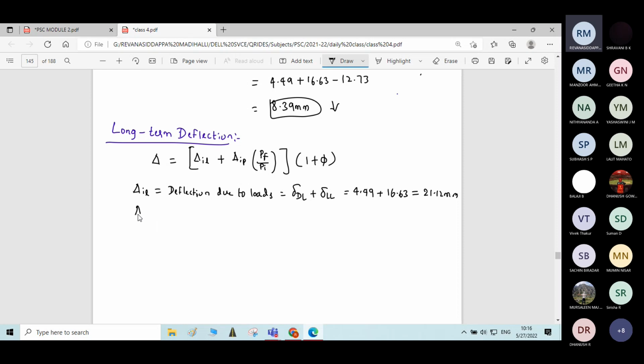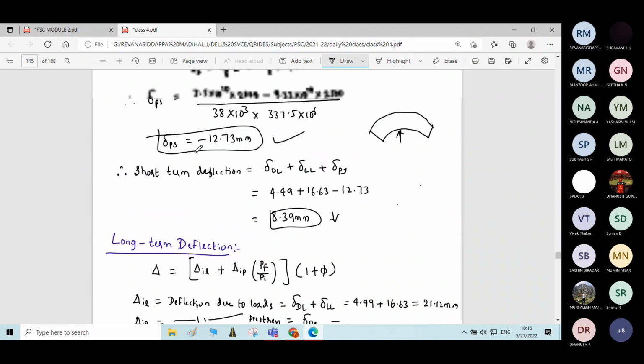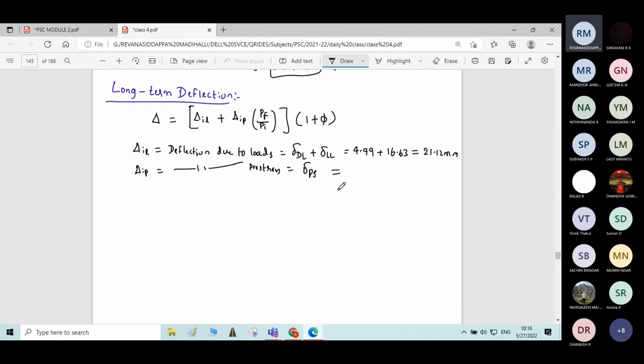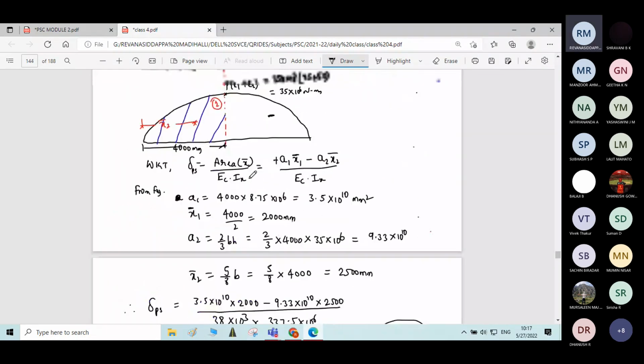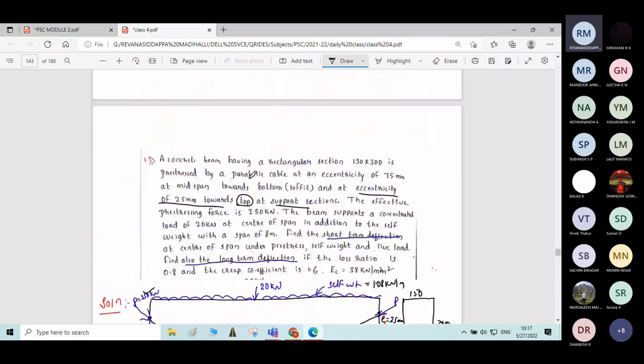And delta IP is deflection due to pre-stress. That is delta PS that we have already calculated. We got it as minus 12.73 mm. Then he has given loss ratio directly.